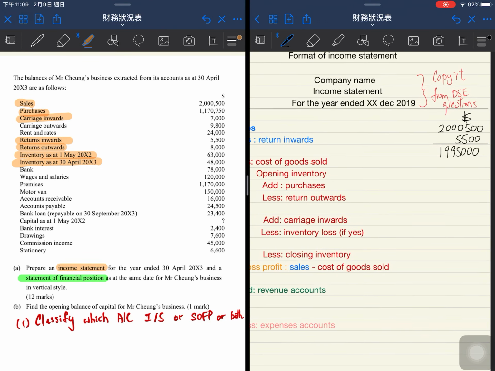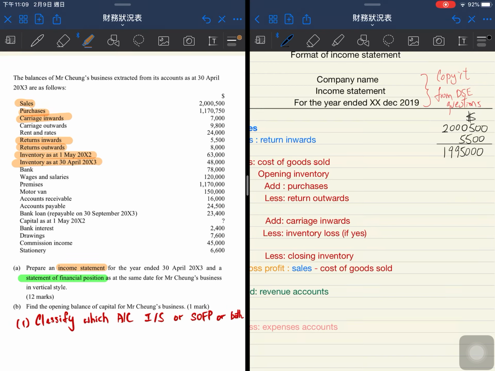And for the cost of goods sold, we have opening inventory. That is 63,000. And we add purchases. Actually, we should add this first.